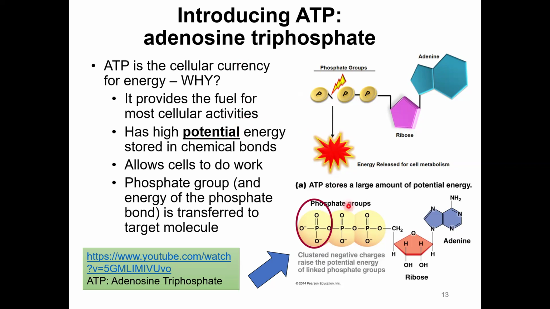It has a very high potential energy, stored in these chemical bonds that we have. And then it allows the cells to actually function correctly and do their job. The phosphate group and the energy of the bonds end up being transferred to the target molecule itself.